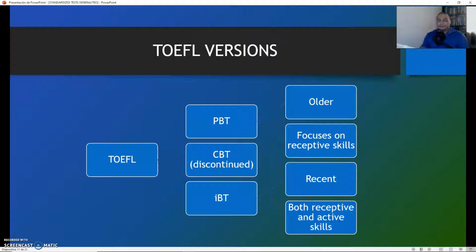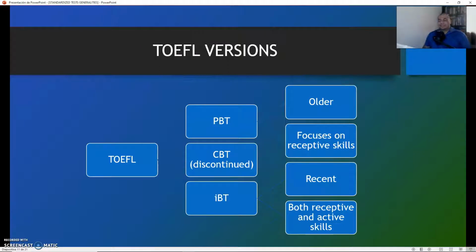Very soon after CBT appeared, TOEFL iBT appeared, the TOEFL internet-based test. It's the most recent of all the versions of TOEFL, and it tests both your receptive skills and also your active skills. In this test, you no longer just listen to something, read something, and answer.